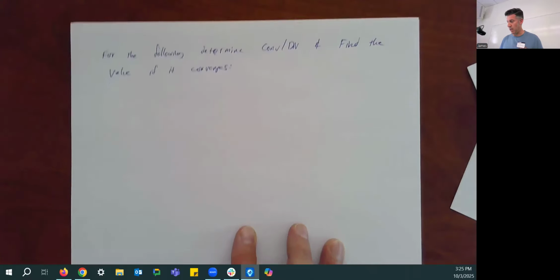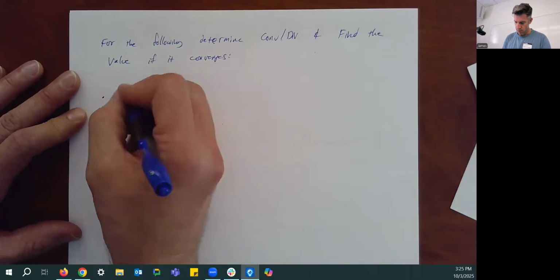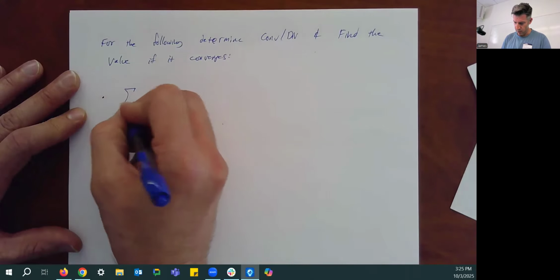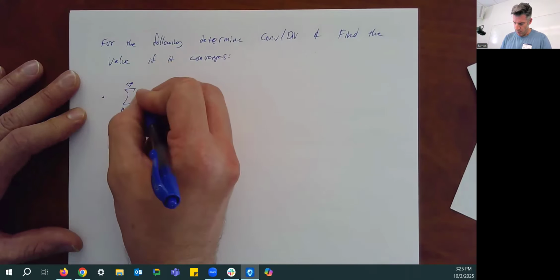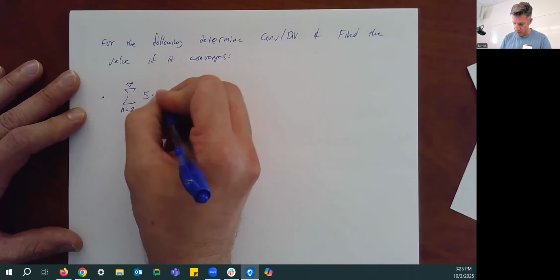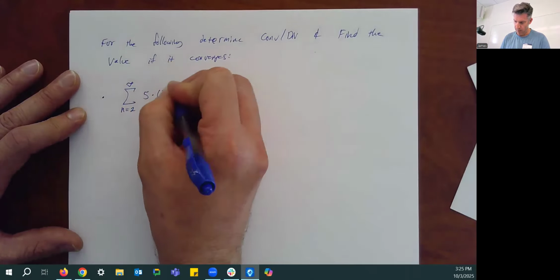We can look at something like the sum from n equals 2 to infinity of 5 times 3/4 to the nth power.